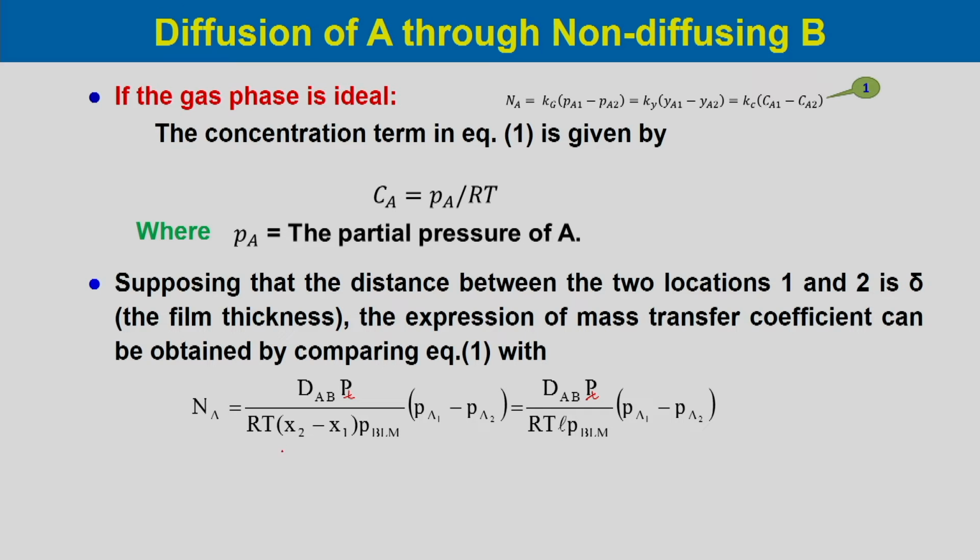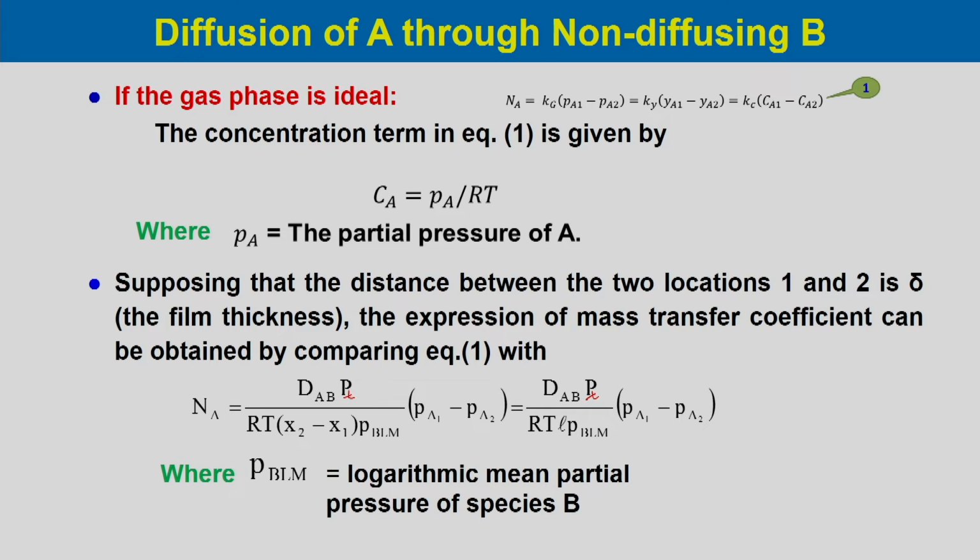Here L is the thickness, and x2 minus x1 we will later define as delta, into PBLM into the partial pressure difference, where PBLM is the logarithmic mean partial pressure of species B. We can define it as (Pb2 minus Pb1) divided by ln(Pb2 by Pb1).